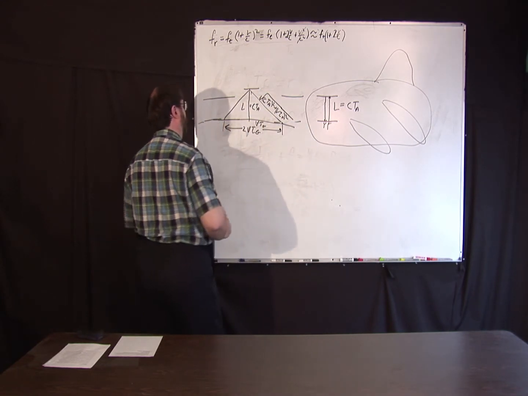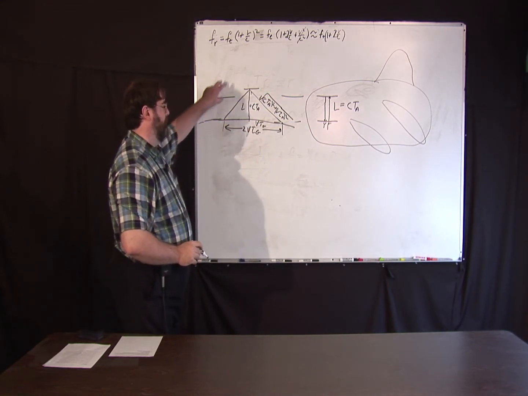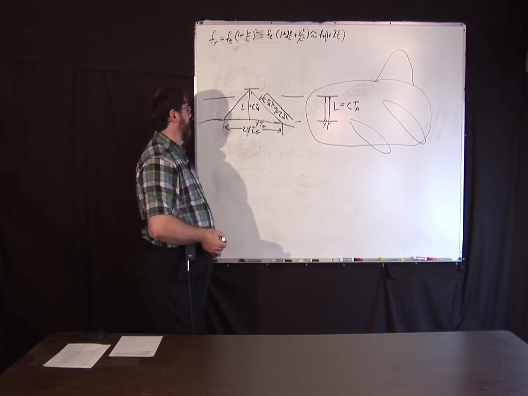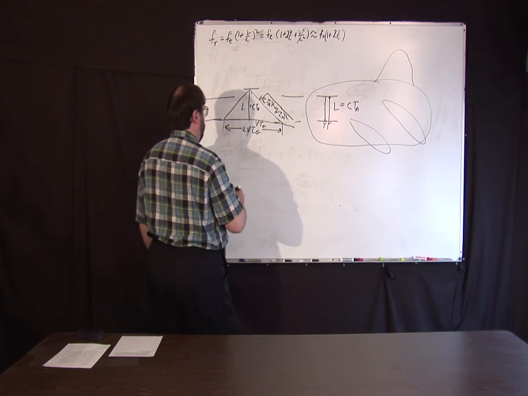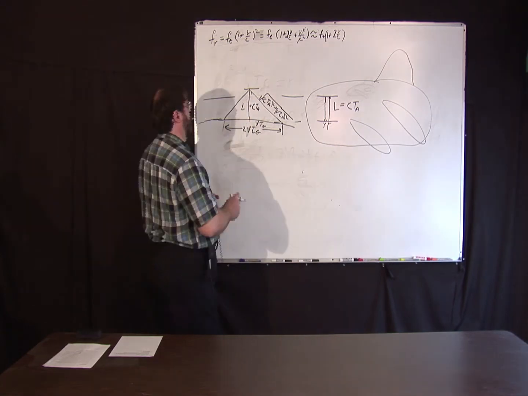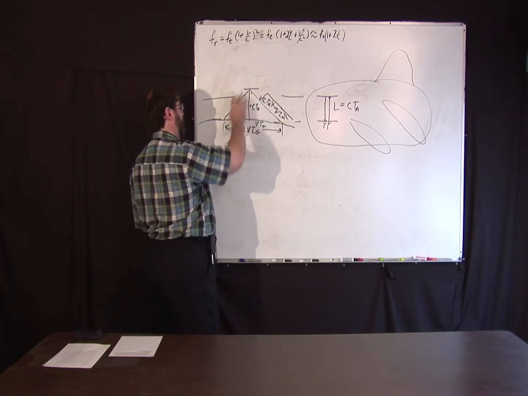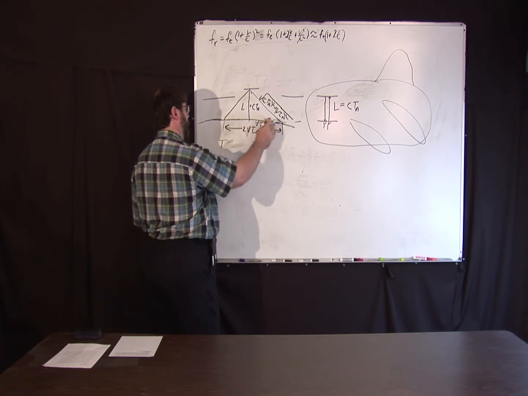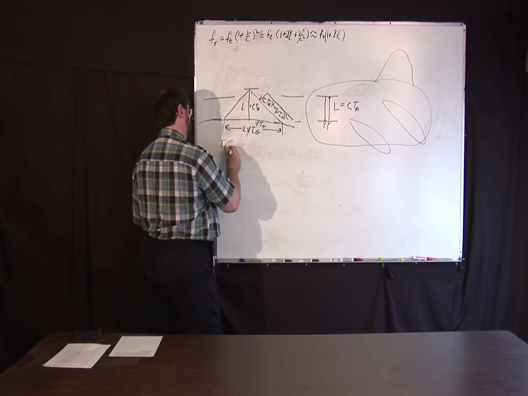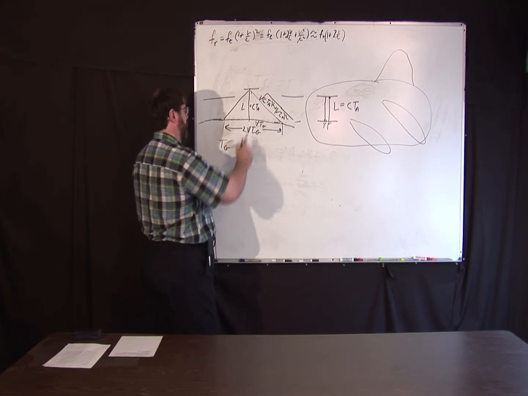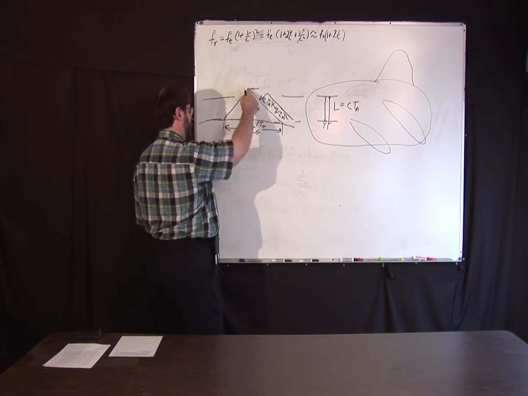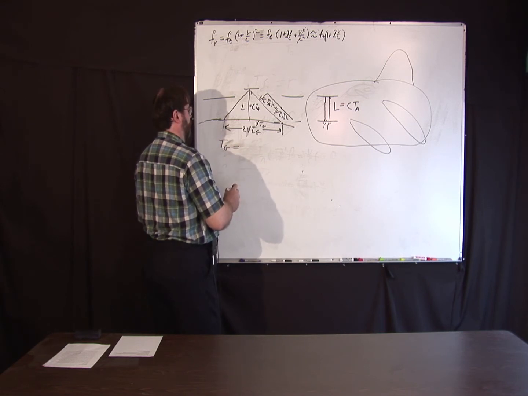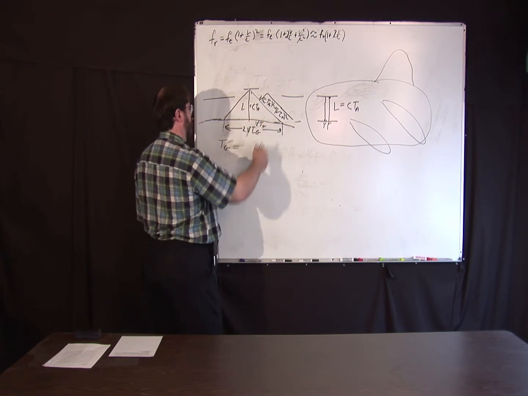Well, whether you're in the plane or on the ground, you're going to see that same distance. It's L. So the time to go up is t ground. Because it's going this way, that time is equal to this, right?